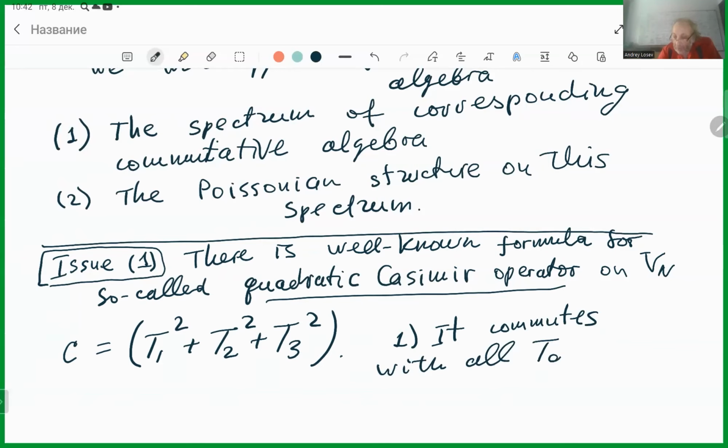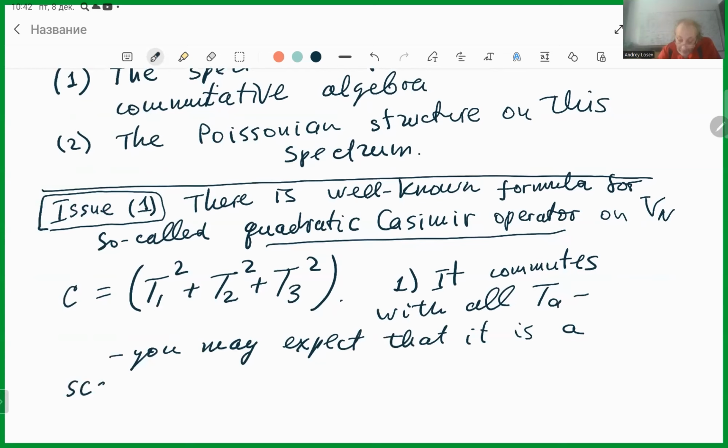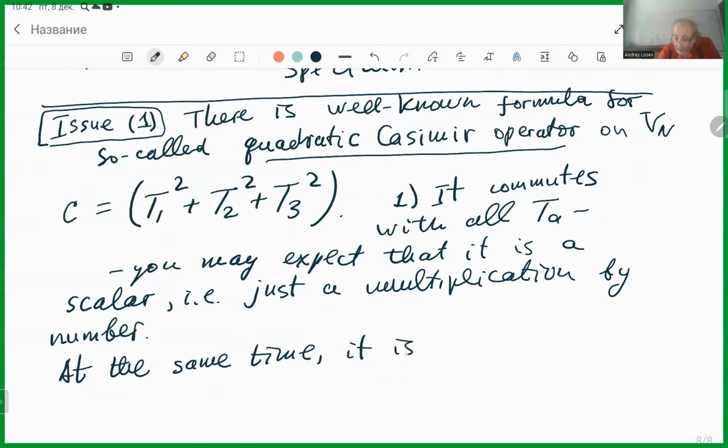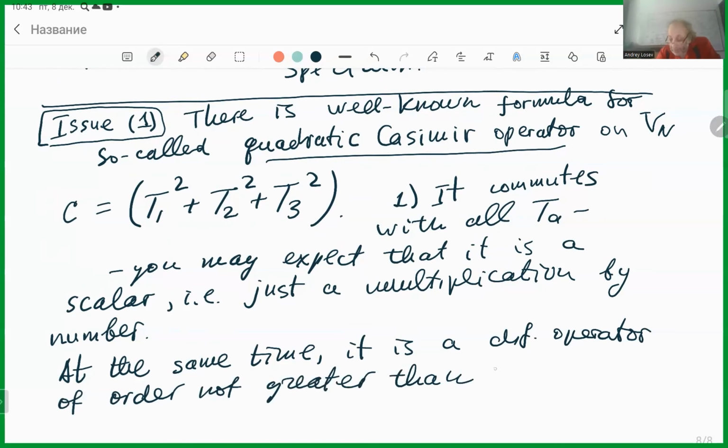all TAs. So you may expect that it is a scalar, just a multiplication by a number. At the same time, it is a differential operator of order not greater than 2.